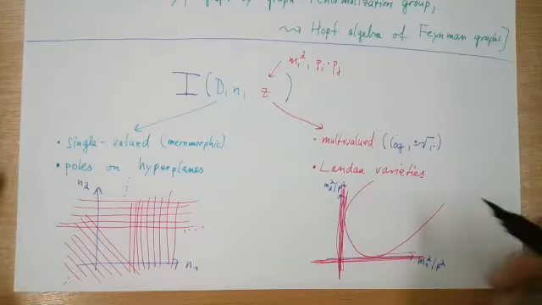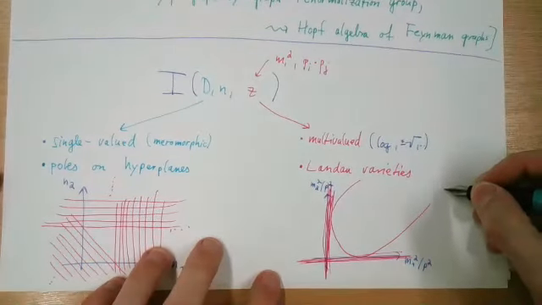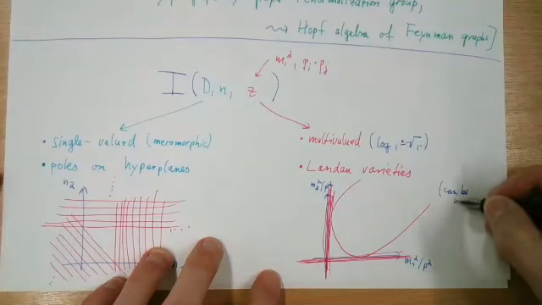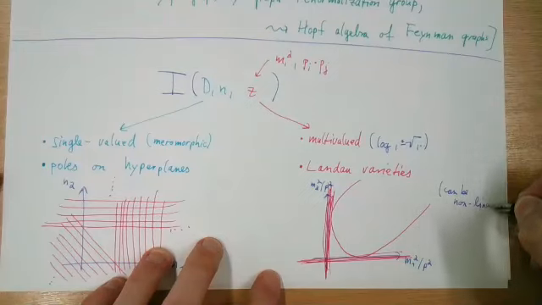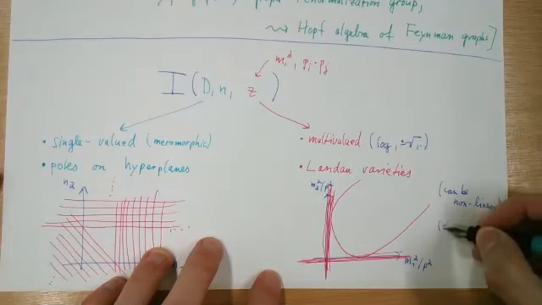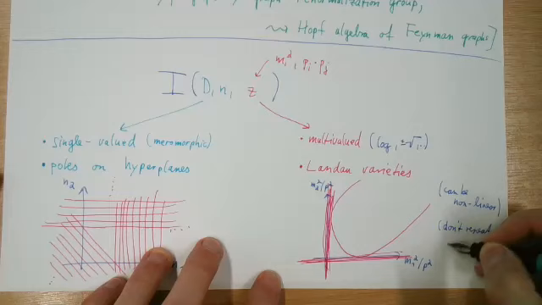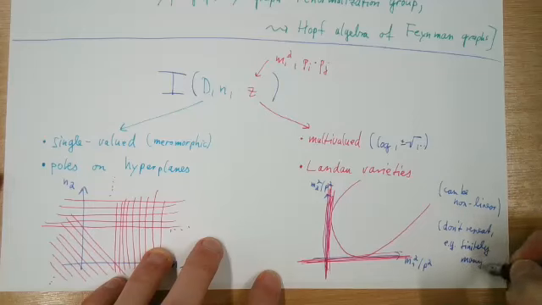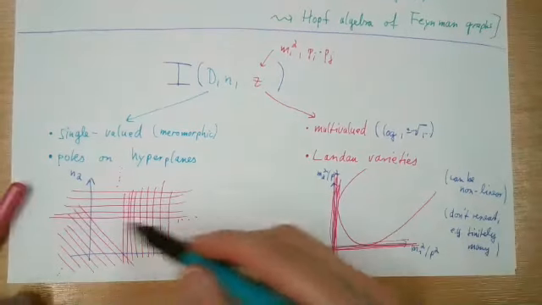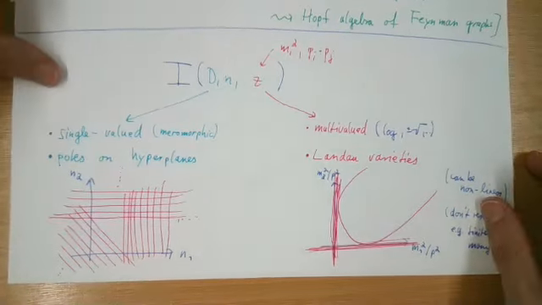So the difference is that these singularities can be nonlinear, and they don't repeat. There's only finitely many, whereas for the poles here, there's infinitely many of them. So that's another big difference.